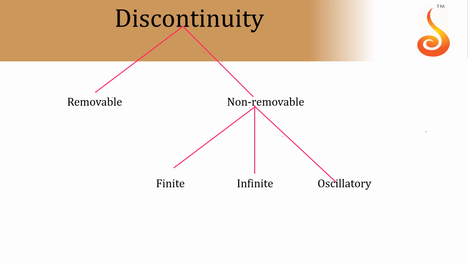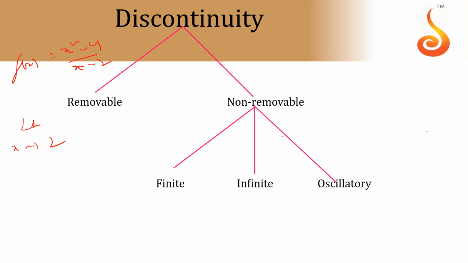There are some discontinuities which can be removed. Suppose you take the question, a function f of x equals x square minus 4 by x minus 2. Tell me, at x equal to 2, is it continuous? No, it is not continuous, because f of 2 itself does not exist.